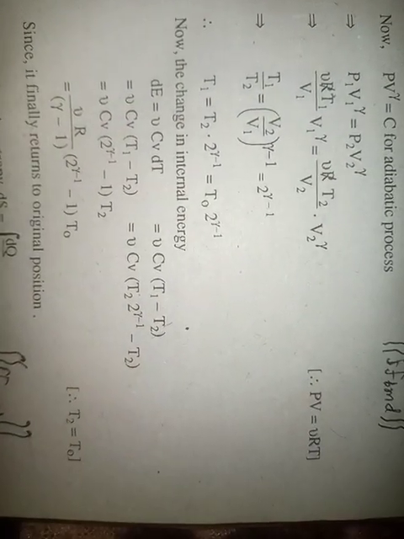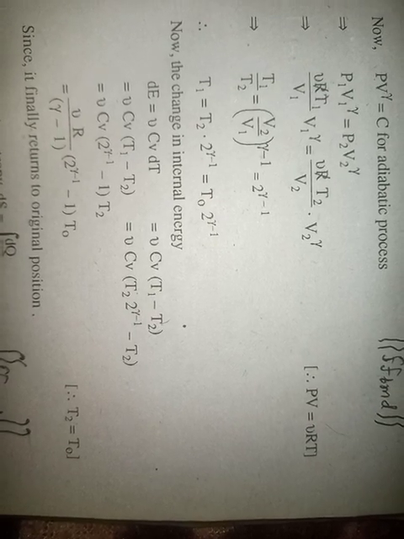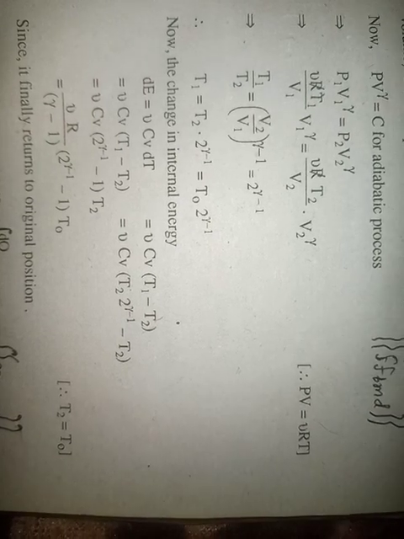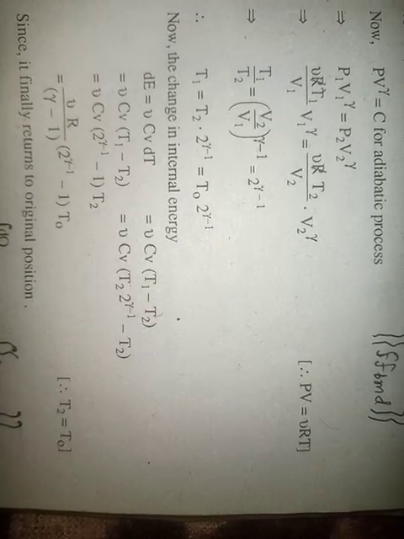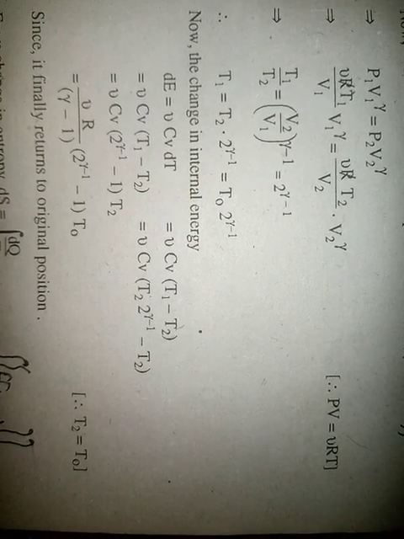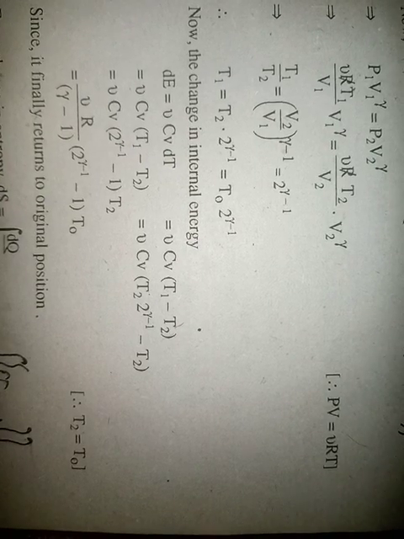This implies T1 by T2 equals (V2 by V1) to the power gamma minus 1, equals 2 to the power gamma minus 1. Hence T1 is equal to T2 into 2 to the power gamma minus 1.